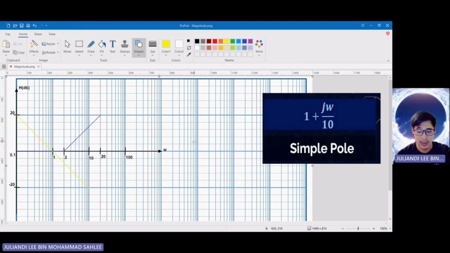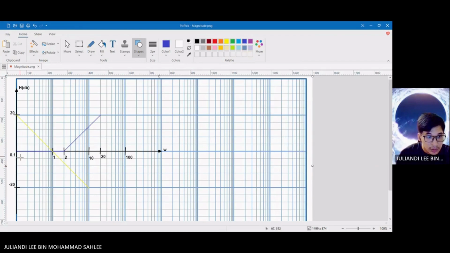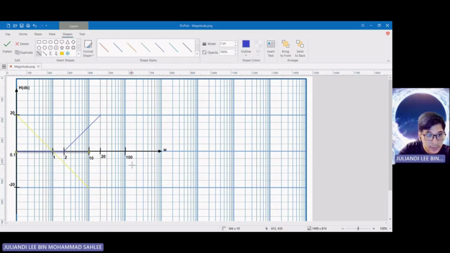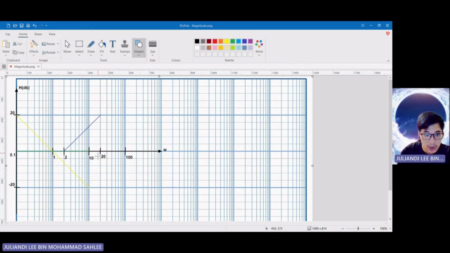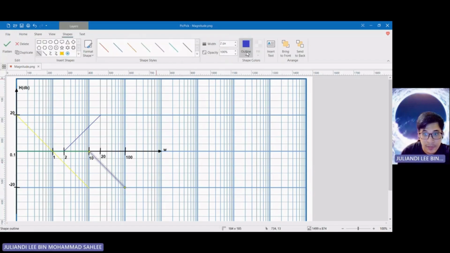As usual, it is a simple pole. This means we start at 10. For that, I will use the color green, starting from here until 10, and from there, it will go down at negative 20 decibels per decade until the next decade, which is 100.